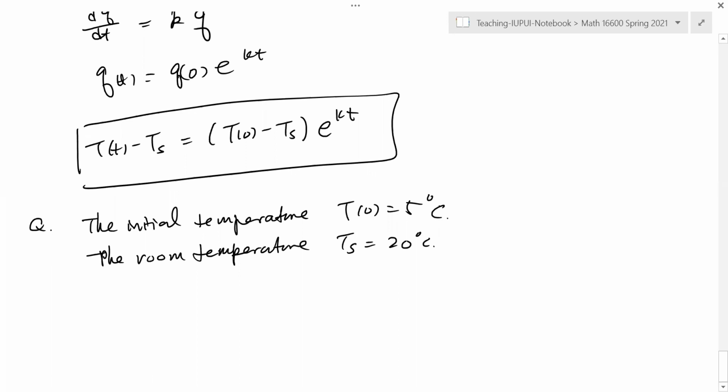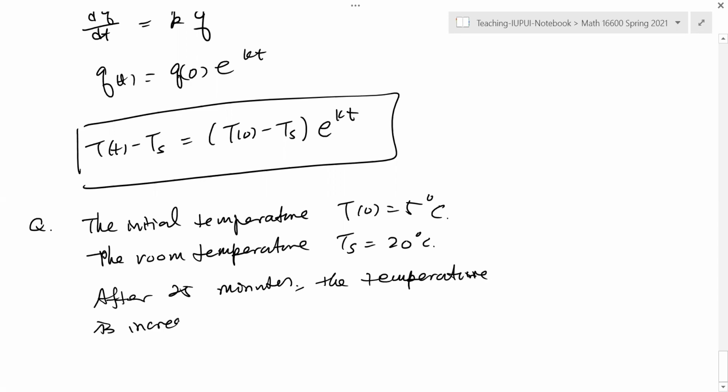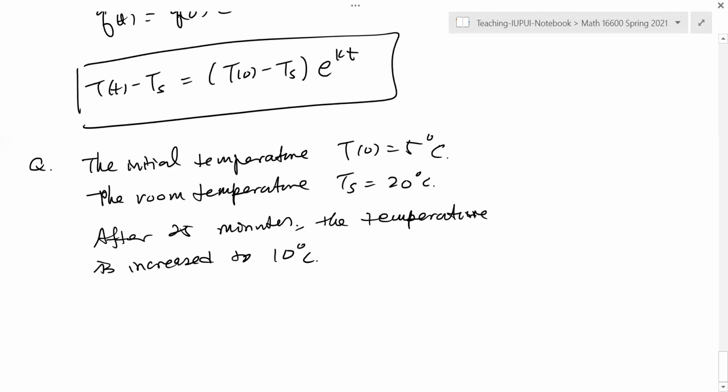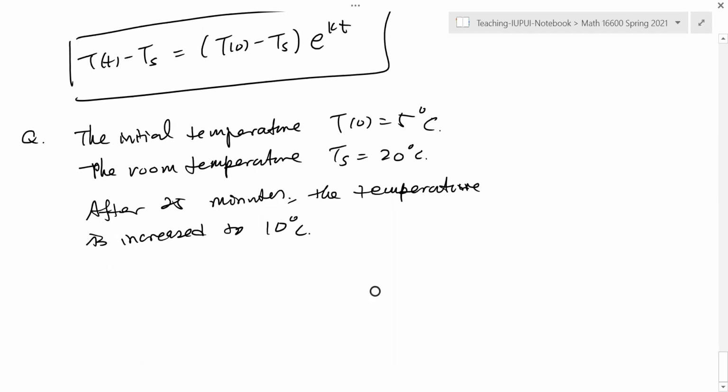After 25 minutes, when the object is put in the room, its temperature increases, of course, to 10 degrees. So that's what we observe.